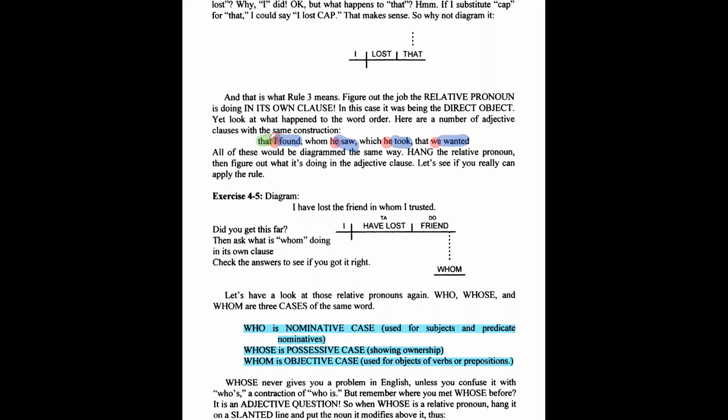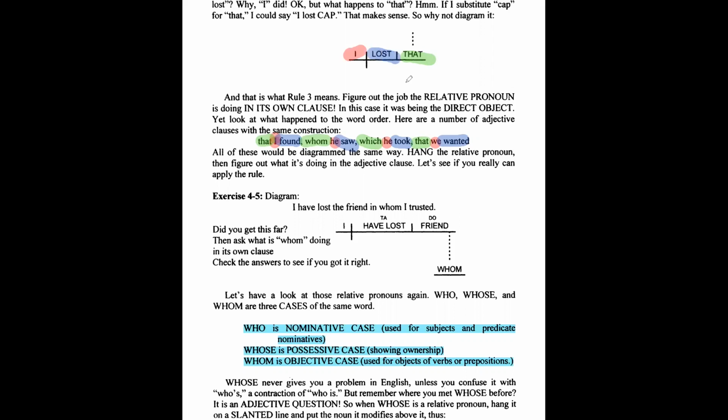I found that. He saw whom. He took which. We wanted that. And so on. That's how you have to look at every relative pronoun. All of these will be diagrammed the same way, just like this up here. You put the direct object there, subject here, and then the verb here. Okay, so it's the same thing that we've done all along.